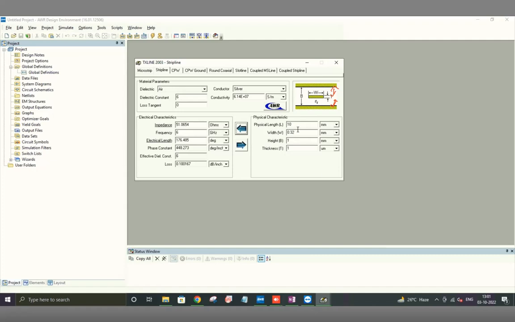So this is now close to 50 ohms. I could also do this.